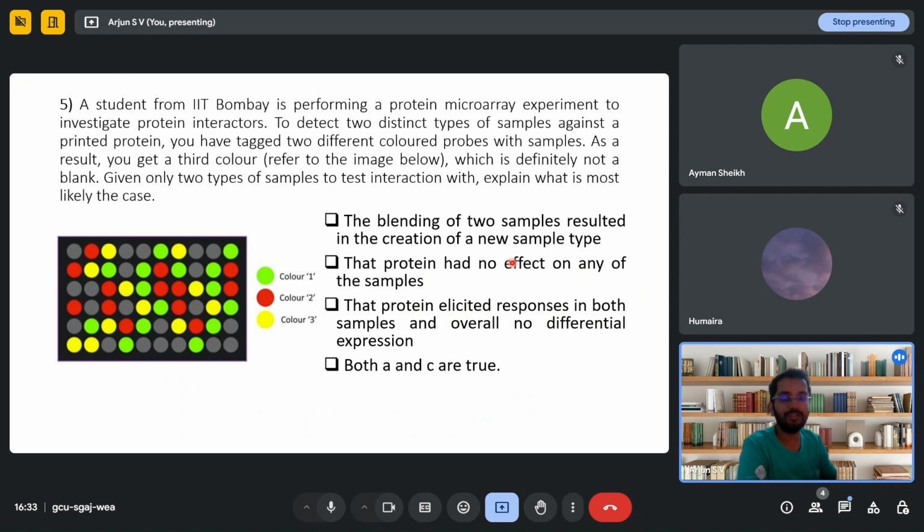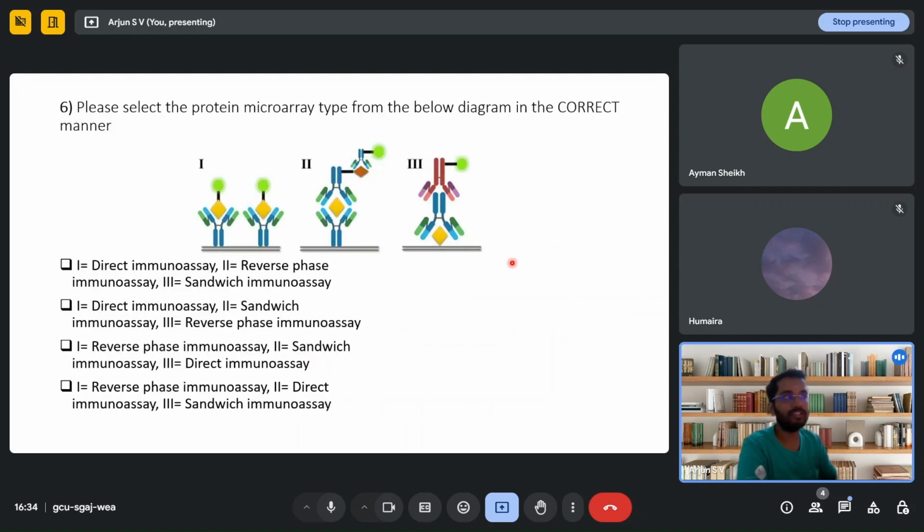For the fifth question of microarray, the yellow color is generated because the protein has elicited responses in both samples, and overall there is no differential expression. In the sixth question, the different types of protein microarray. The first one is the reverse phase immunoassay, second one is sandwich immunoassay, and third one is the direct immunoassay.